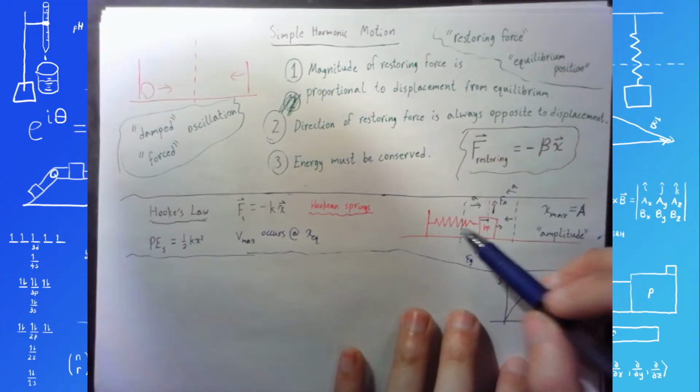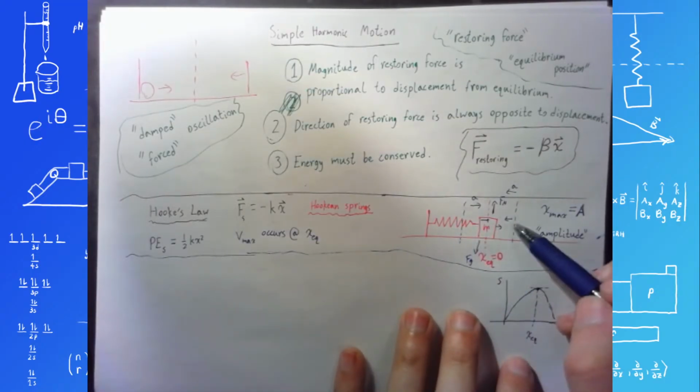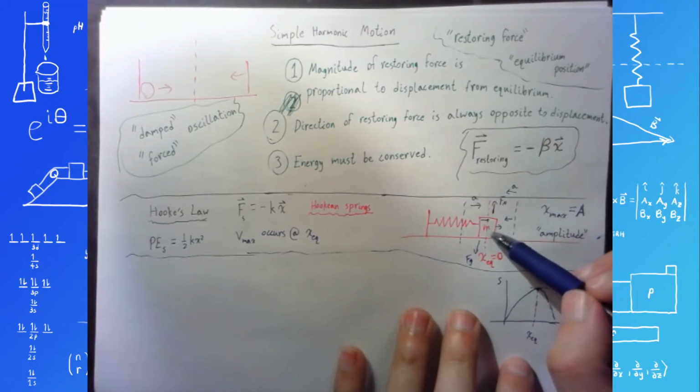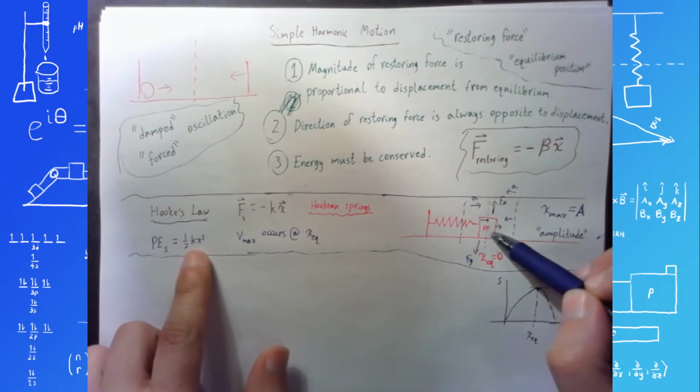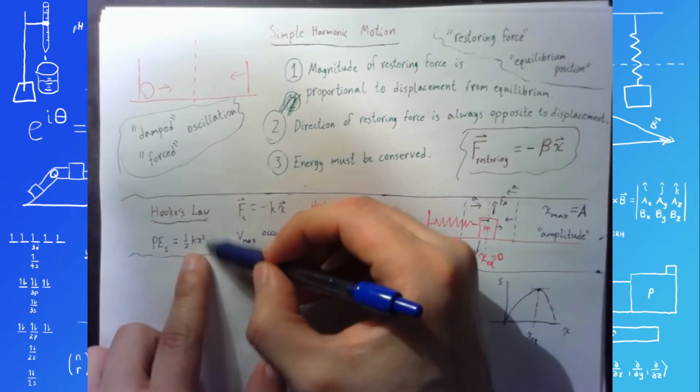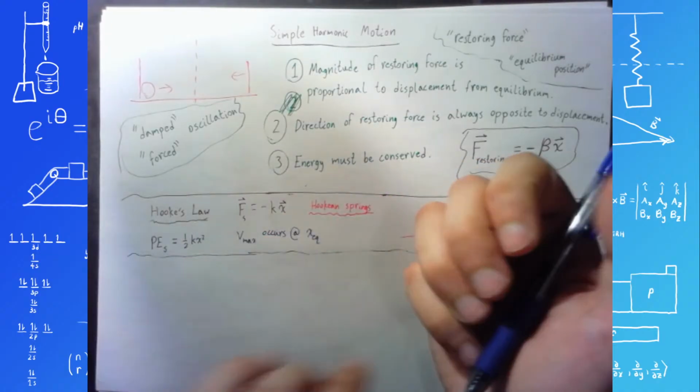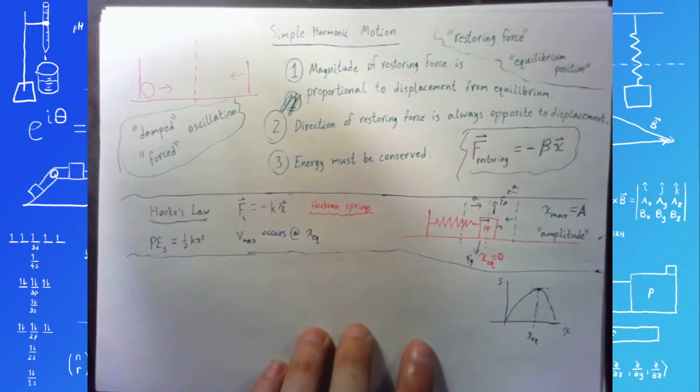So these two positions are the farthest you can go from equilibrium. That means at those positions, that's where your spring potential energy is at its highest.